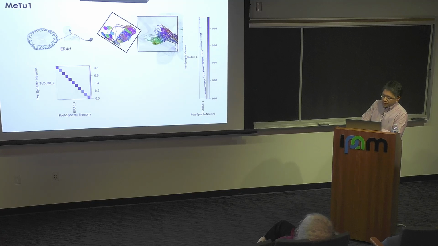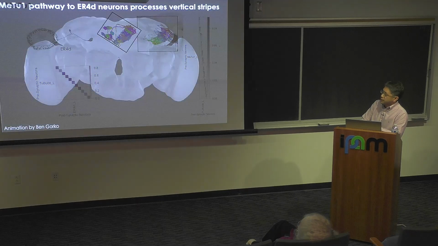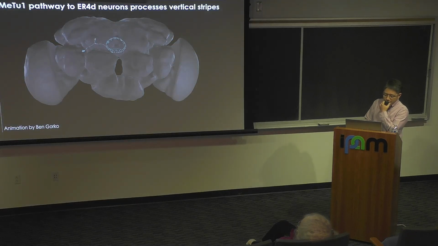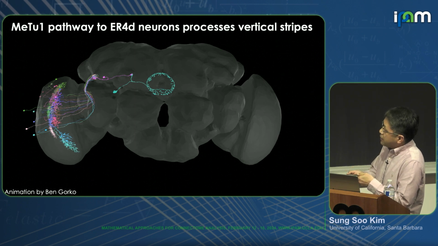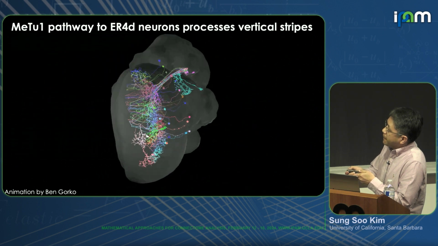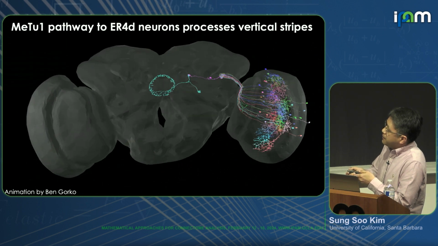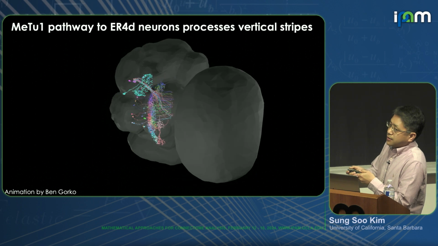Then using this data, we can backtrace the connection from each ring neuron to the Me-Tu neurons. So here is an example. We picked an ER neuron and backtraced the entire visual pathway that provides input to it. In this case, we picked a ring neuron that is downstream of Me-Tu 1, and the type is ER4D.